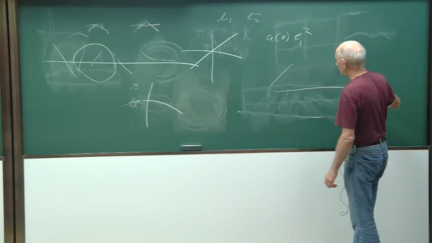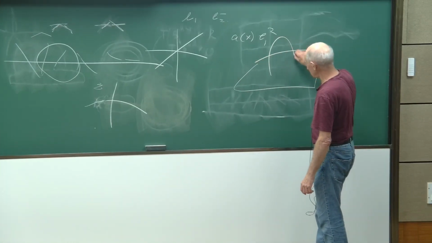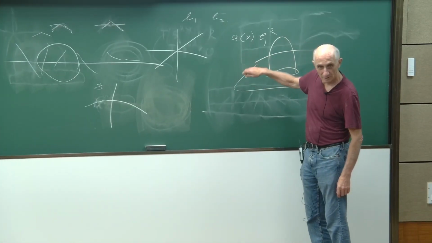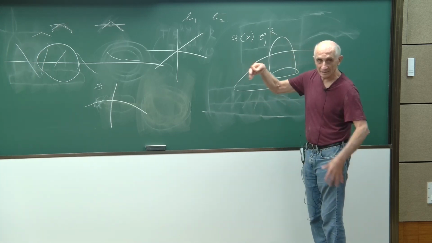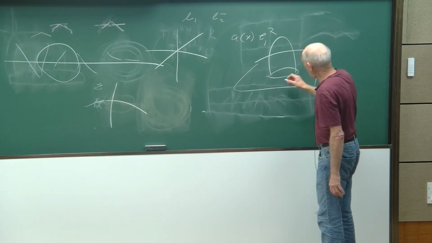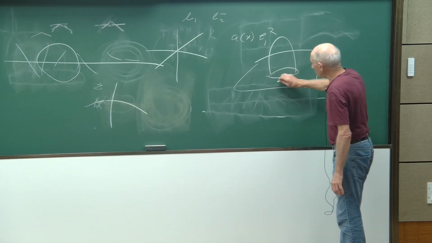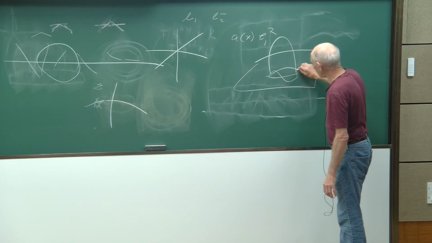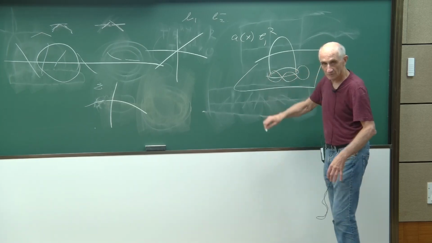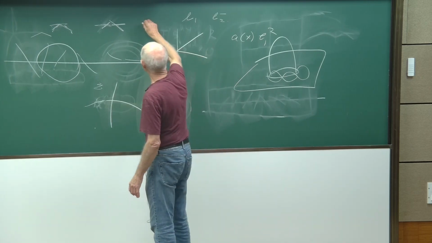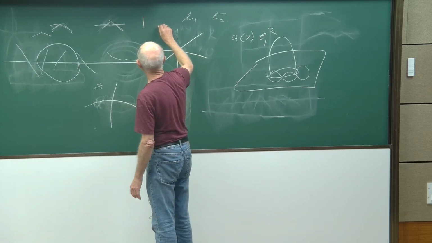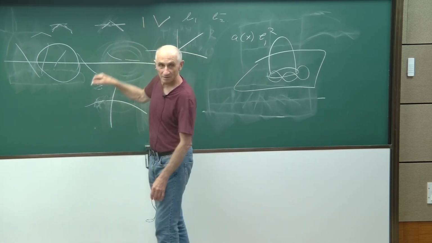You consider along this, you have something attached along an embedded or possibly immersed object. Then you have this singularity either of this type or this type, right?